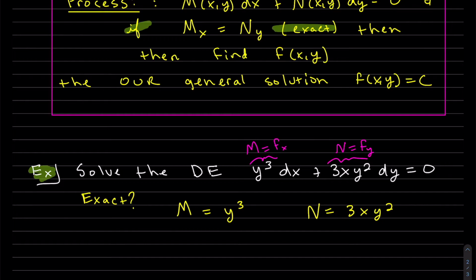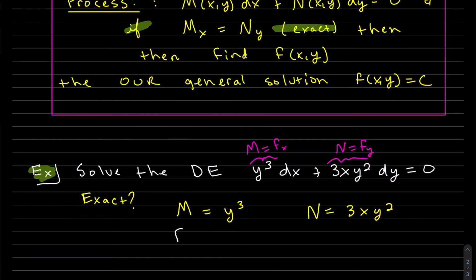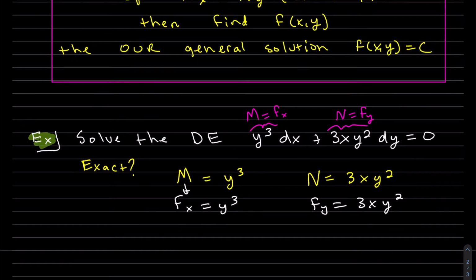So is it exact? I actually like in this case to use f of x, which is equal to y to the third, and N is f of y, because then I remember which partial I have to take. It's the other one. It's not f of xx, it's f of xy and f of yx.